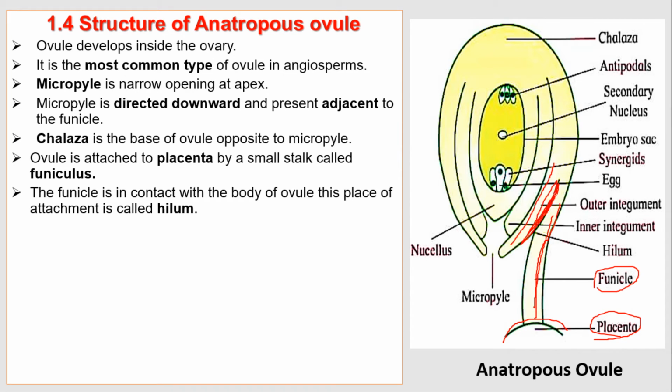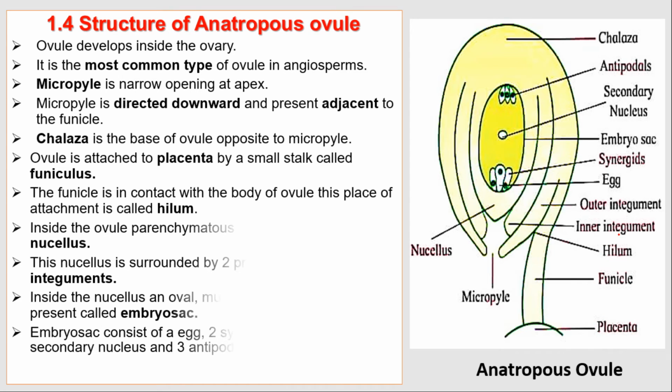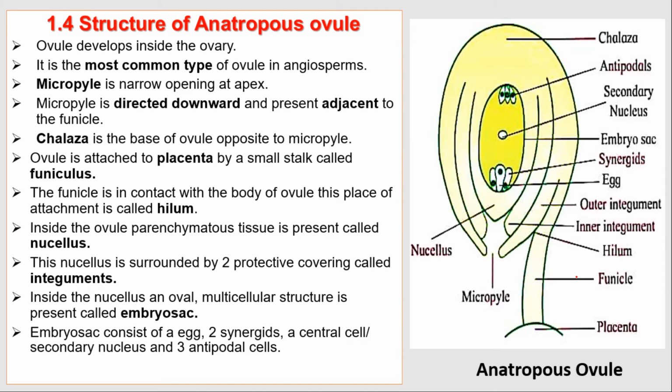This place of attachment is called the hilum. Now inside the ovule, parenchymatous cells are present, called nucellus cells. These nucellus cells are surrounded by two integuments. These two integuments are called the outer integument and the inner integument.